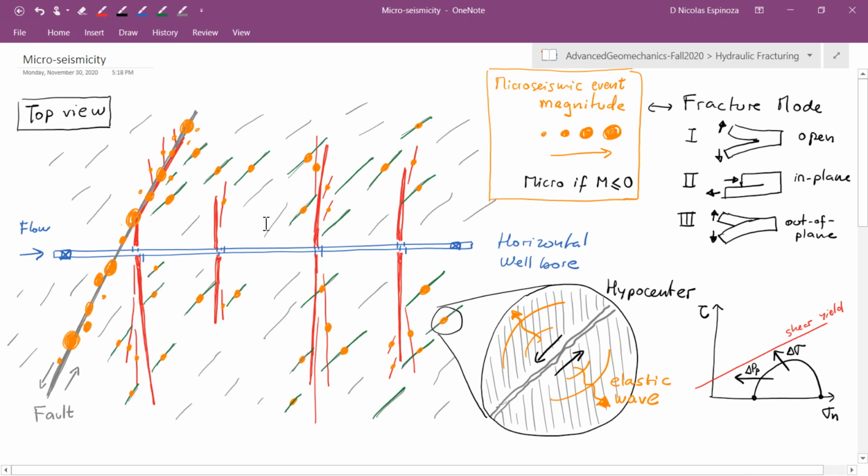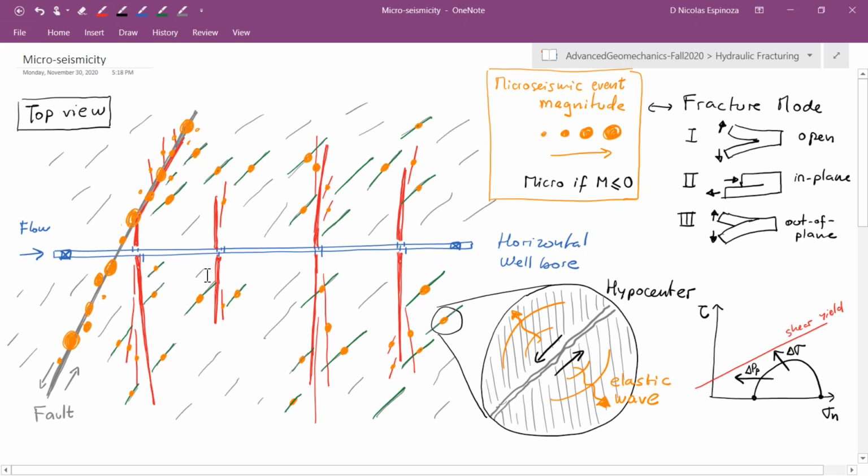And superimposed to that, we have the events of microseismicity. The events of microseismicity are all these orange circles, where we can see that not everywhere we have microseismicity, but mostly on fractures created or reactivated in shear.